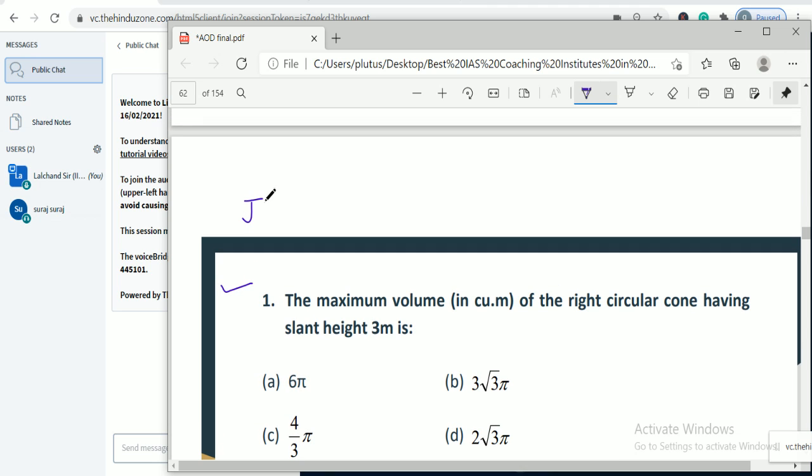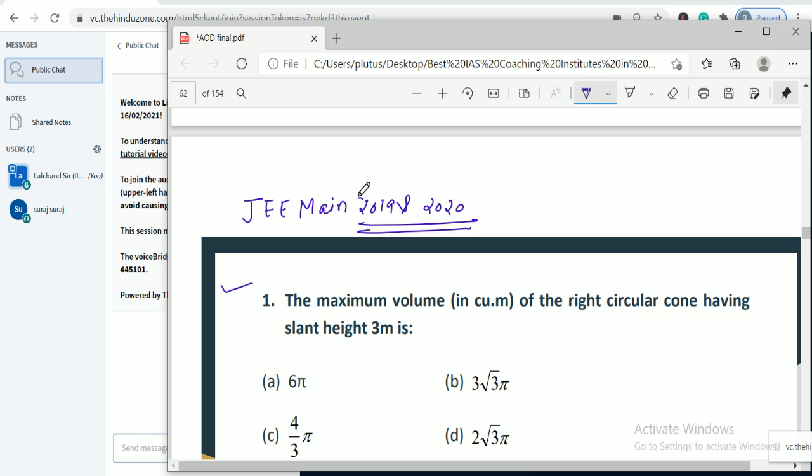These questions are from JEE Mains, either 2019 and 2020, from this section. So can you solve this question now? We have discussed everything. Now it's your turn to solve this question. This is a very simple, basic question.